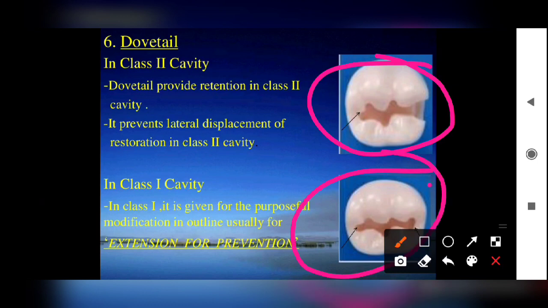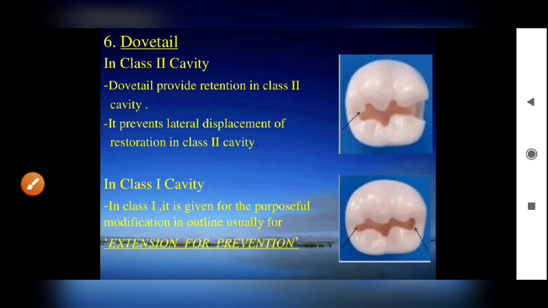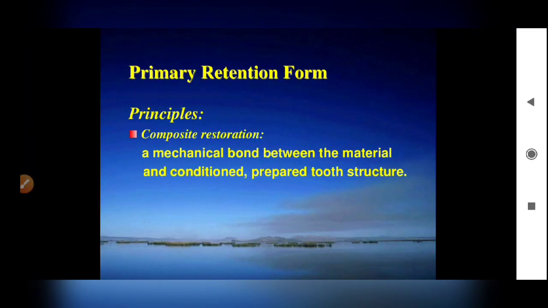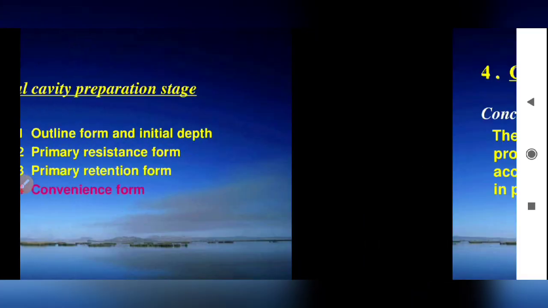In class 1 pit, it is given for the purposeful modification in outline, so it would prevent the restoration from coming outside and help in retention of the material. So all of these are the features of primary retention form.